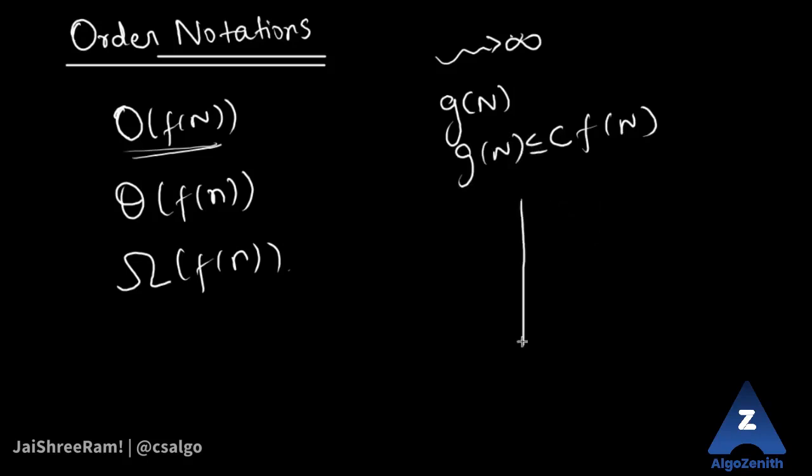So if I go ahead and plot that in a graph, suppose there is some graph that is g of n.